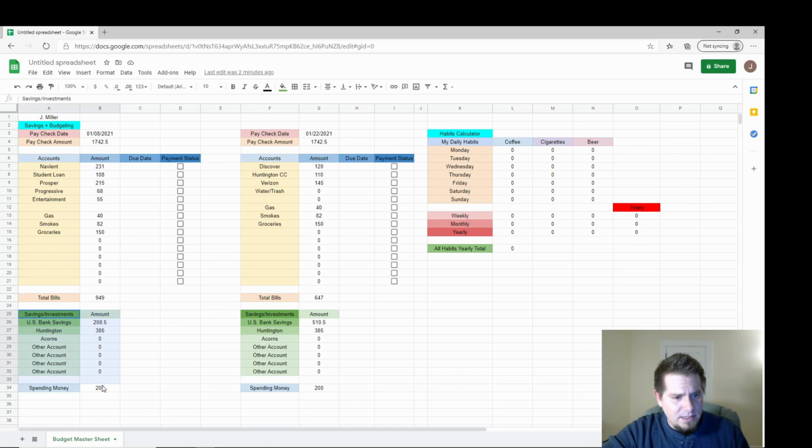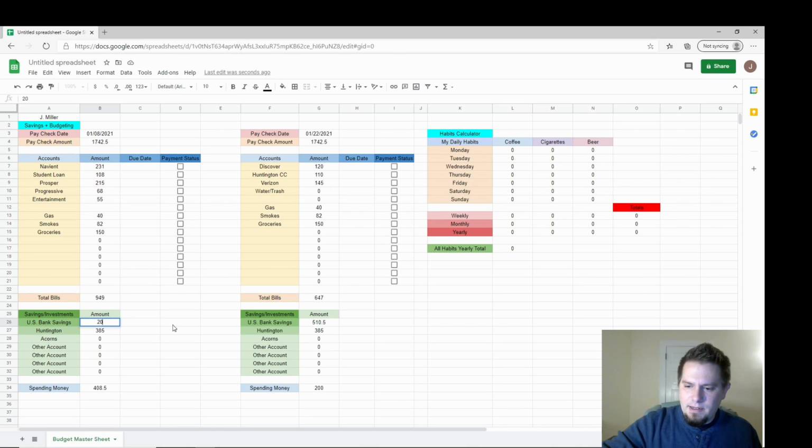You see this category. These are your additional accounts in which you throw your money, right? What I'm doing this year for 2021 is my goal, and you'll see a video coming out called My Road to $10,000 Saved. With that, every 2 weeks, I'm putting $385 in my Huntington account, which will then equate to $10,000 at the end of the year.